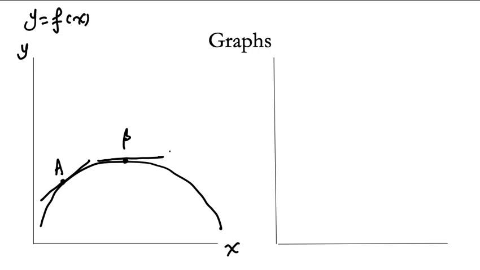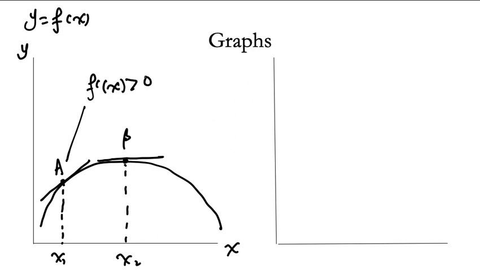Okay, so here at point A, we have x1. We move to point B, we have x2. At point A, the slope here is f prime x, which is positive, isn't it?